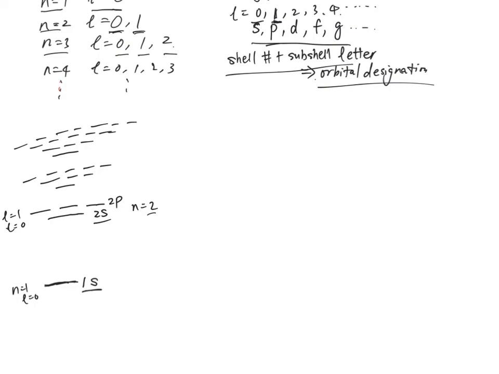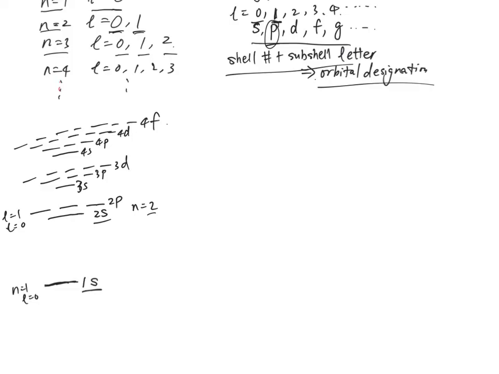The designation is referring to the p orbital. And then of course, for the rest of them you can just use all these different letters. You can say this is 3s, 3p, 3d, 4s, 4p, 4d, and 4f.